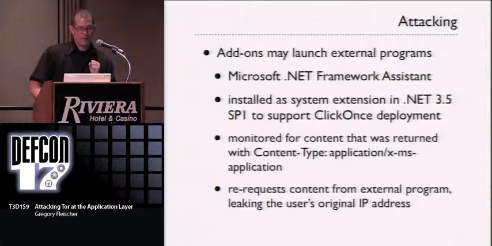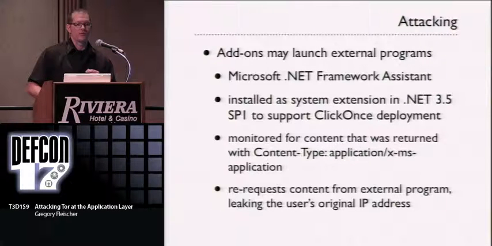So what ends up happening here is this add-on is kind of misbehaving, because it doesn't register itself as a plugin, and it doesn't register itself as an application. Internally, it's looking for application/x-ms-application. And when it sees that MIME type returned in a response, it goes ahead and launches an external program called Presentation Host.